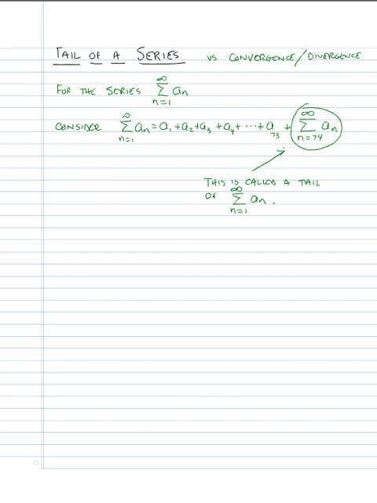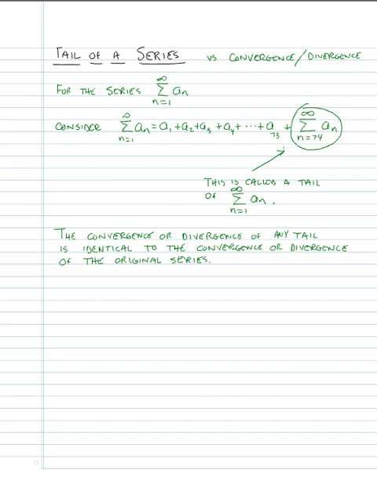So the convergence or divergence of a tail is identical to the convergence or divergence of the original series. Let me state that. As I was writing this, it occurred to me that I need to be real careful to explain a little bit more.